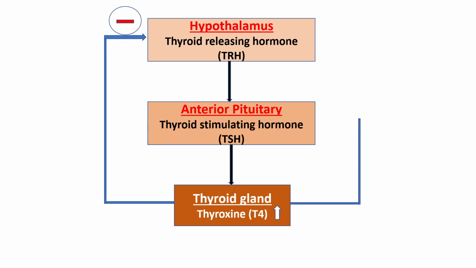Or on the other hand, it may directly inhibit or negatively regulate the anterior pituitary cell to lessen the amount of TSH secretion, so that thyroxine secretion gets low. And by both these processes, the level of thyroxine gets lowered in the blood when the thyroxine level gets increased.